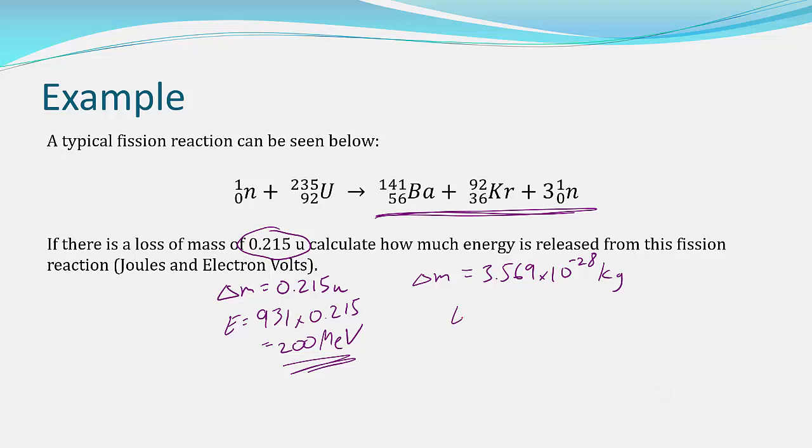So what you'll end up getting is E equals mc squared, and that's going to be equal to 3.569 times 10 to the negative 28 times 3 times 10 to the 8 squared. And if you put that in your calculator, what you should end up with, if everything goes well, is 3.21 times 10 to the negative 11 joules.